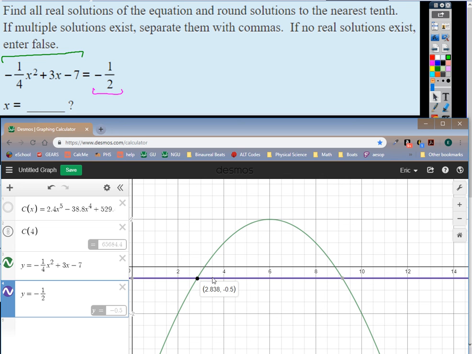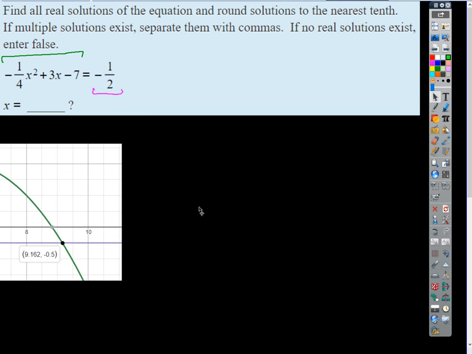Well, Desmos will pick those out if I point at them. There they are, right? They intersect at the ordered pairs 2.838, negative 1/2, and 9.162, negative 1/2. So if I get that a little bigger right here.